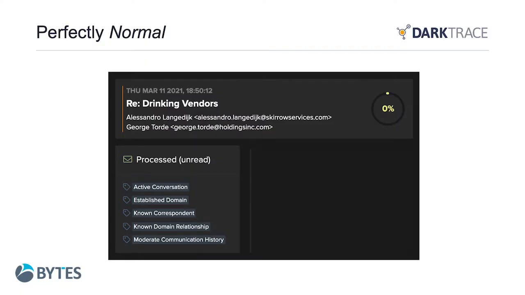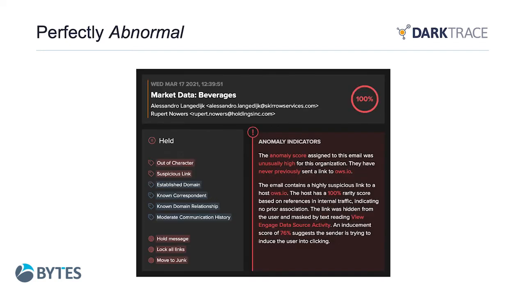When we see a business as usual email that was sent in, there's nothing anomalous about it. The AI will score it at 0% anomaly. It understands that there's an active conversation with a history of correspondence between the sender and the recipient. And then out of the blue, we get an email come in with a 100% anomaly score.